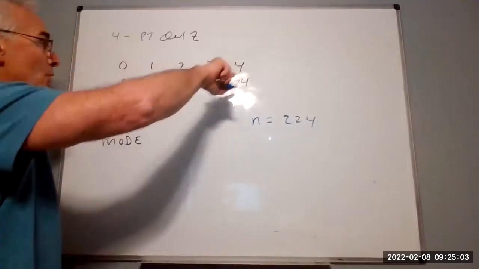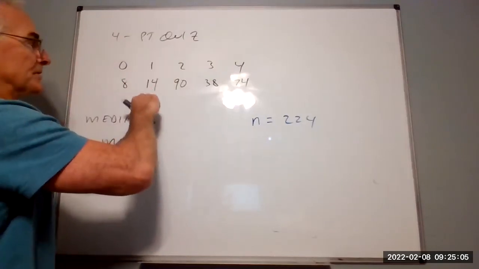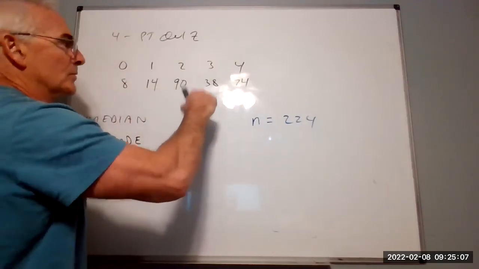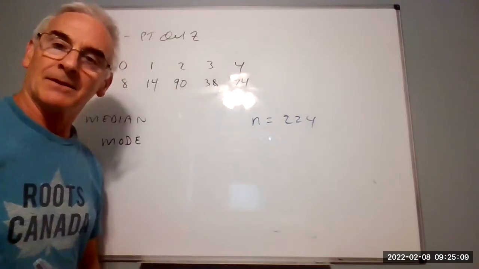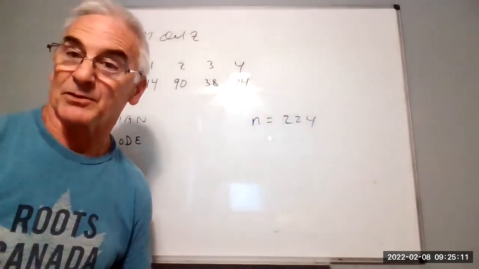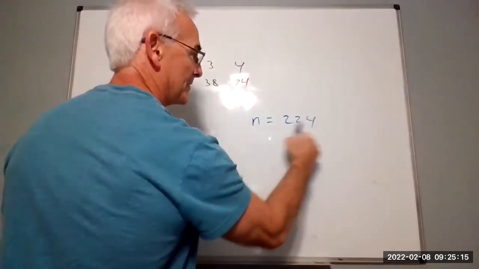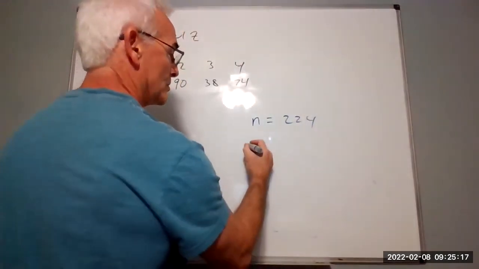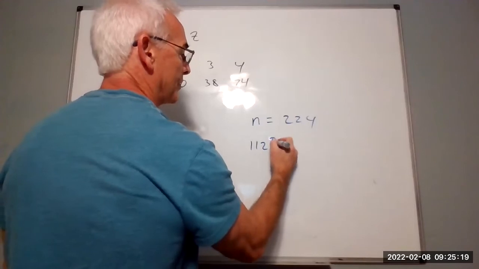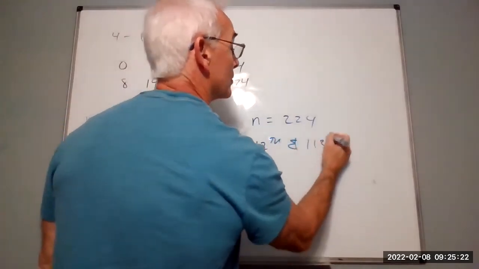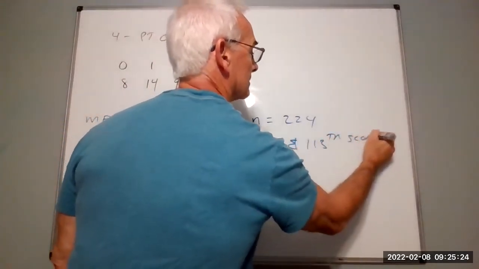And I can now rank them. I can go 0, 0, 0, 0, 0, 0, 0, 1, 1, 1, 1, 1, 1, 2, 2, 2, 2, 2. I can do that. That's not very practical. Cut that number in half. Okay, what's half of this? That'd be 112. So I need the 112th and 113th scores.